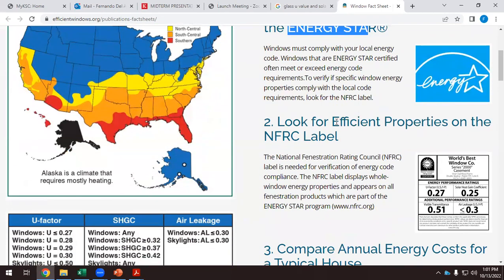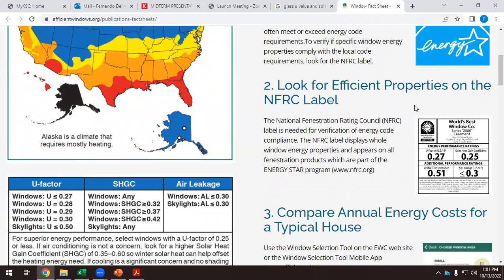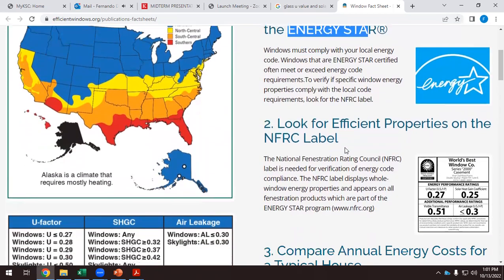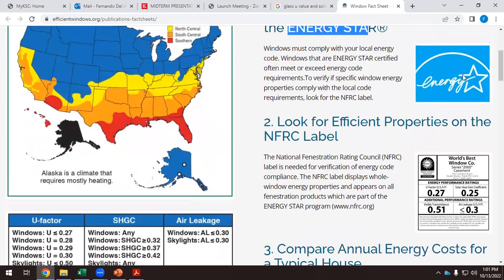So this Energy Star, you have a label of certified by this Energy Star code. So when you find this logo, that means that it's a product that you can rely on, if you rely on the government of the United States again. If you have this logo, that means that it's certified by this institution.